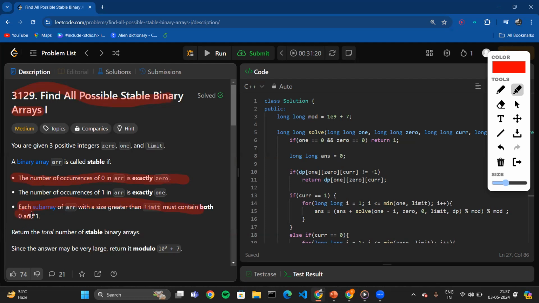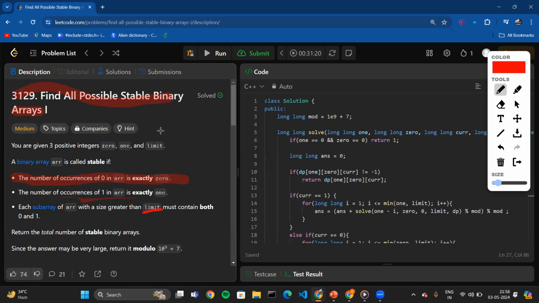So this is the most important condition, which states that each subarray of size greater than limit must contain both 0 and 1, which means that we cannot have a subarray which has a consecutive number of zeros or ones greater than limit.